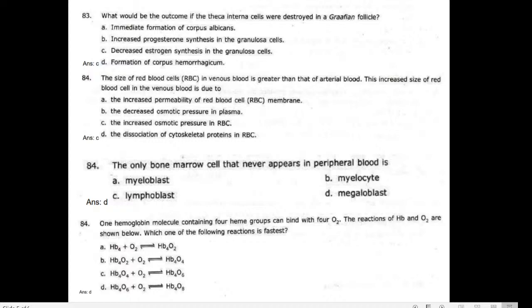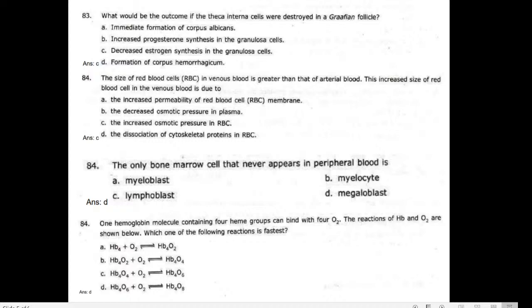Here the question is which nerve appears in the peripheral blood. The only one is the megaloblast. Why is this megaloblast activated here? The megaloblast plays a vital role in blood circulation. It has a specific chromatin pattern and increased cytoplasm. In this condition, the bone marrow cells are unusually larger.